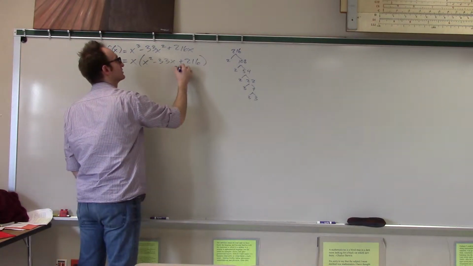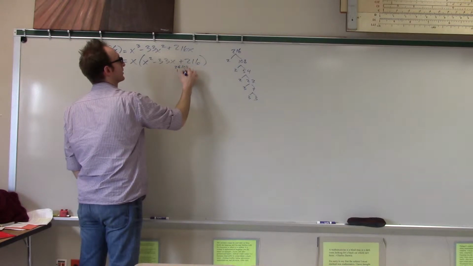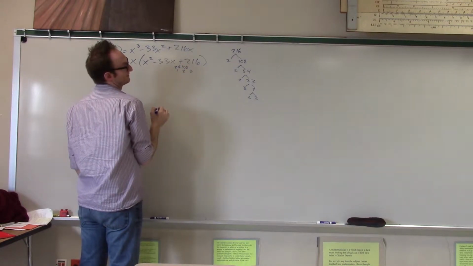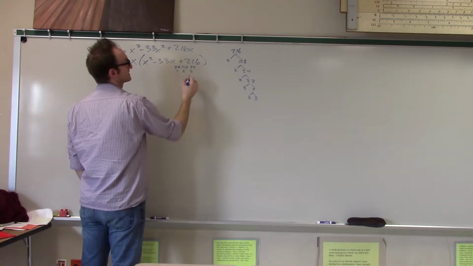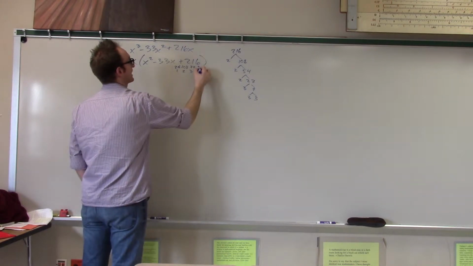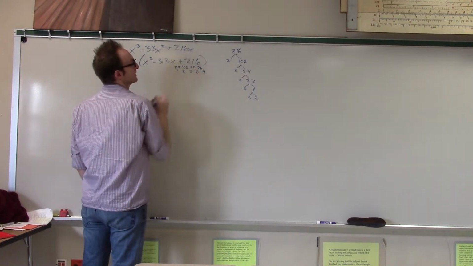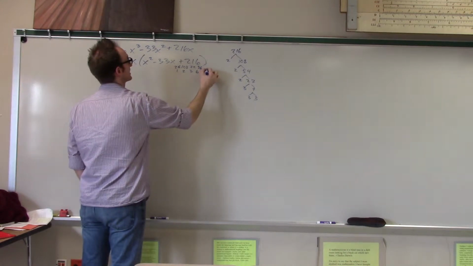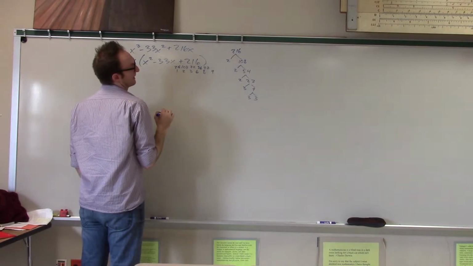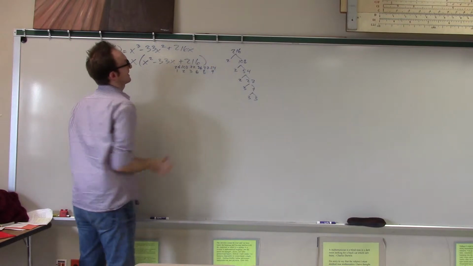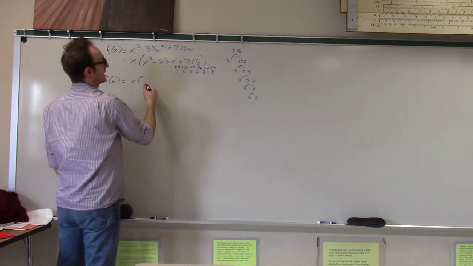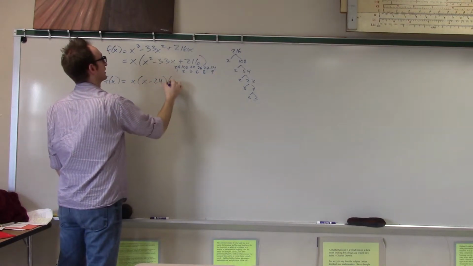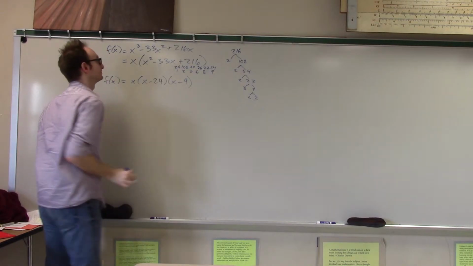So what are the factor pairs of 216? 216 and 1, 108 and 2, 72 and 3, 36 and 6, 27 and 8, and 24 and 9, and I think that's the one that I want. So this function is in fact x times x minus 24 times x minus 9. So that's kind of nice.